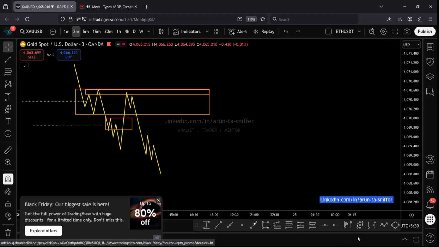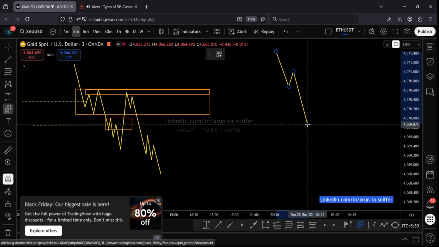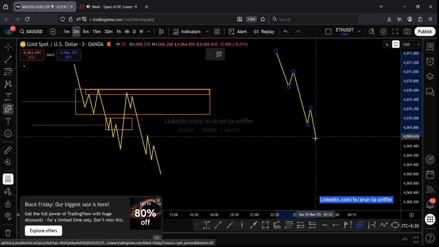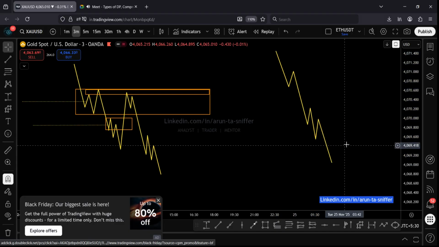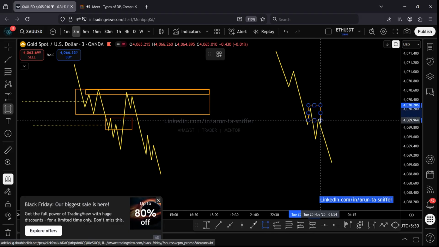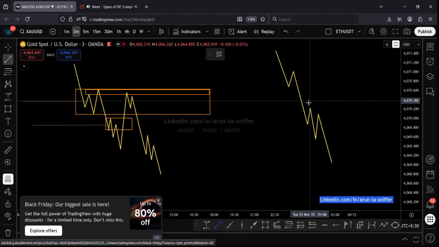When you see a structure like this, most probably this will be a fake zone.